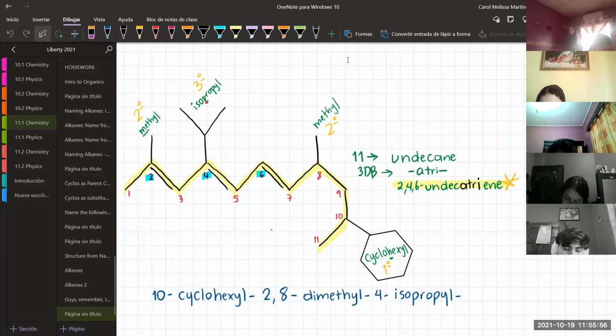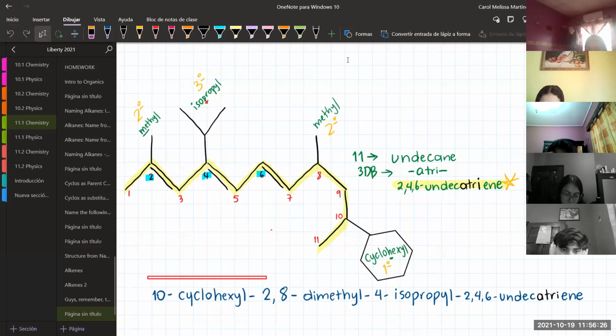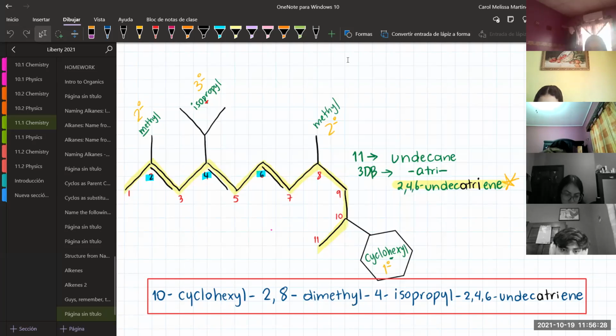And then the parent chain, that is 2,4,6-undecatriene. And this is the best name for this whole structure.